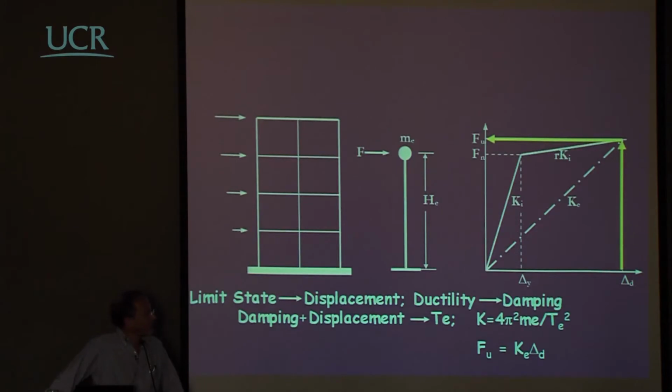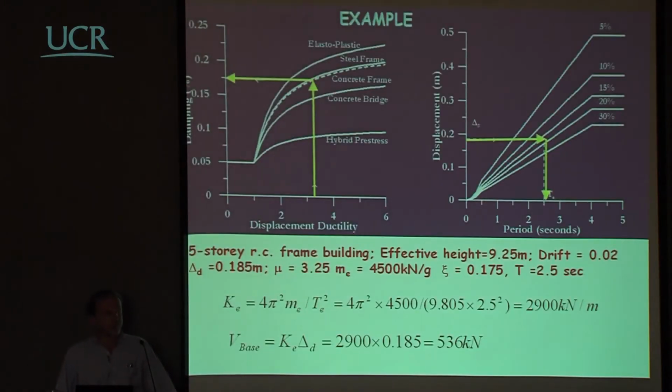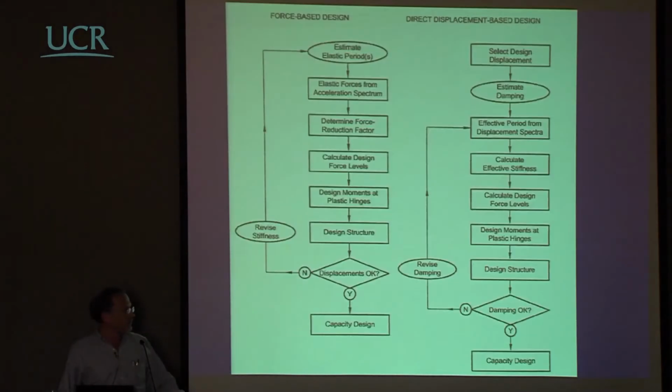So multiplying displacement by stiffness, you obtain the total strength that you have to assign to the structure, which is the answer to the first of the questions that we were posing. And this again is the example that Nigel has already worked out, so I won't go through it again, but clearly it's very easy and trivial to do something of this sort.